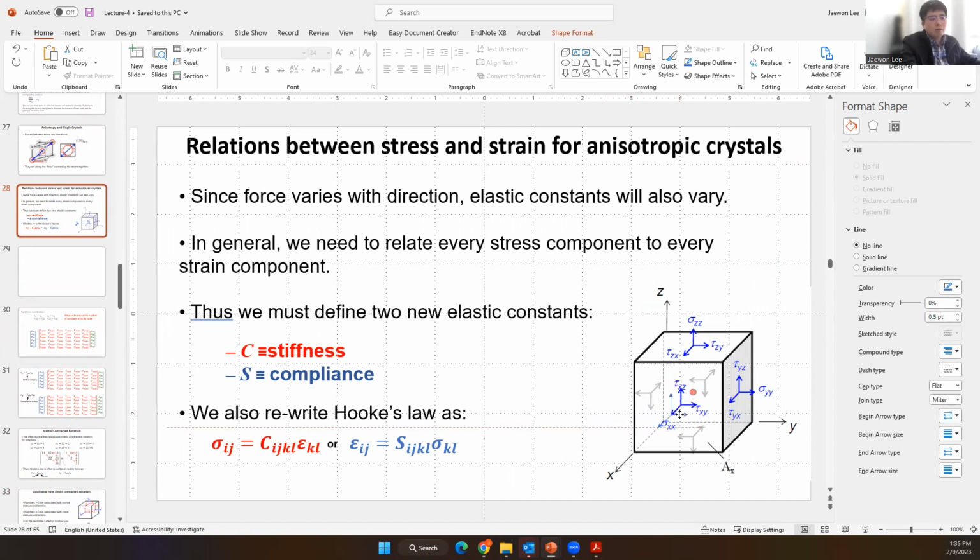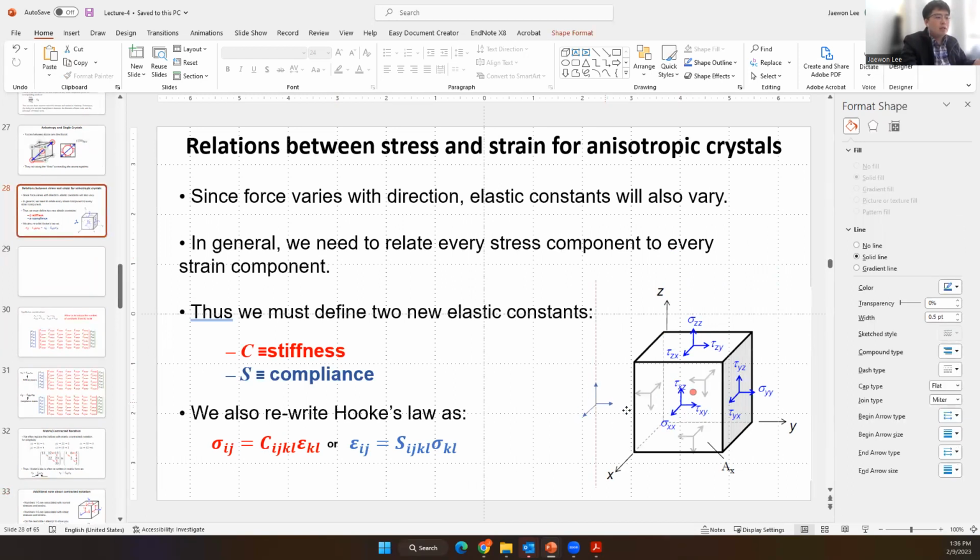So if we apply the normal stress xx, normal stress xx can produce the xx strain and the xy strain and xz strain.